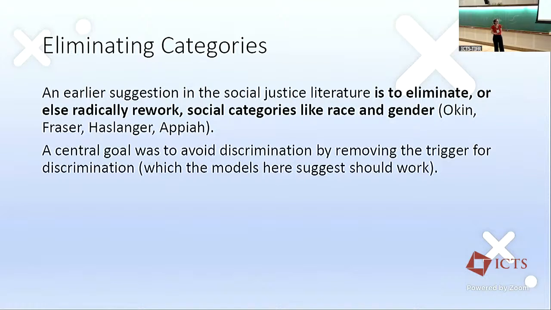The idea is that if you can somehow remove these triggers for discrimination, these markers that lead to discriminatory behavior, then you can get rid of discrimination. And the models I've talked about suggest that should work. If you don't have these tags, or if people don't use them to condition their behavior, you won't have inequity in these models. You need those two things in place to have inequity. So this argument keeps coming up again and again.